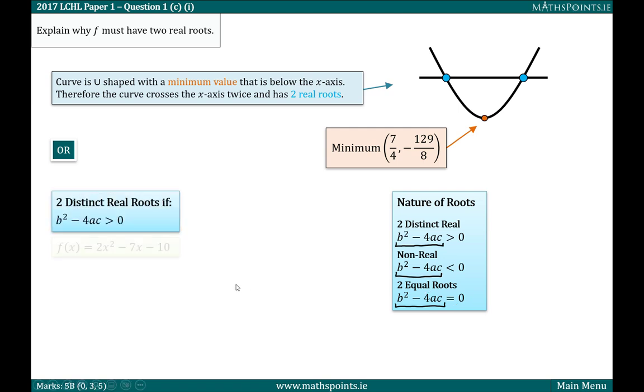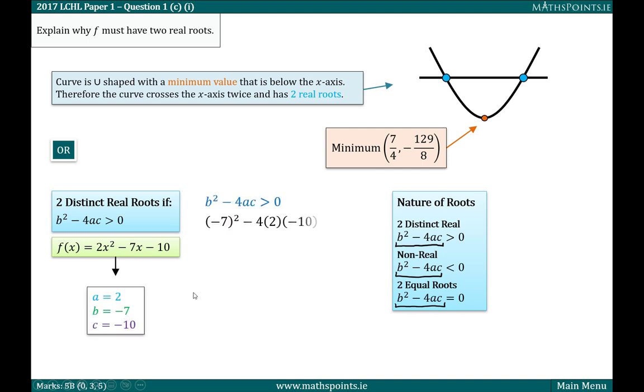So let's actually go ahead and do that. So a is equal to 2, b is equal to minus 7, c is equal to minus 7. Sub them into the discriminant, and we get the number 129. Now 129 is a positive number, and because it's a positive number, it means that we have two distinct real roots. So that's good revision in terms of what the discriminant can do for you.